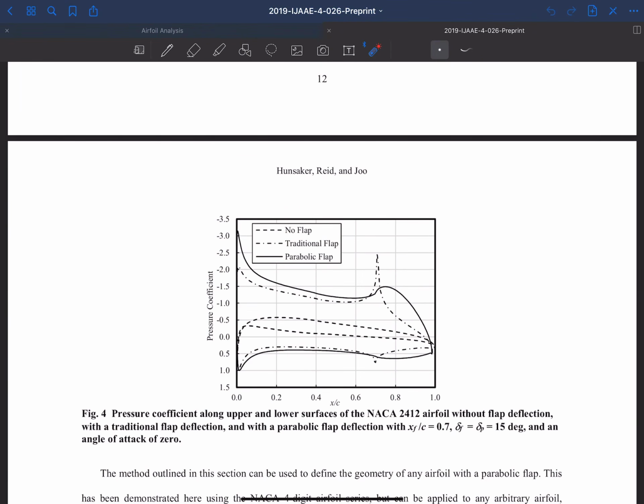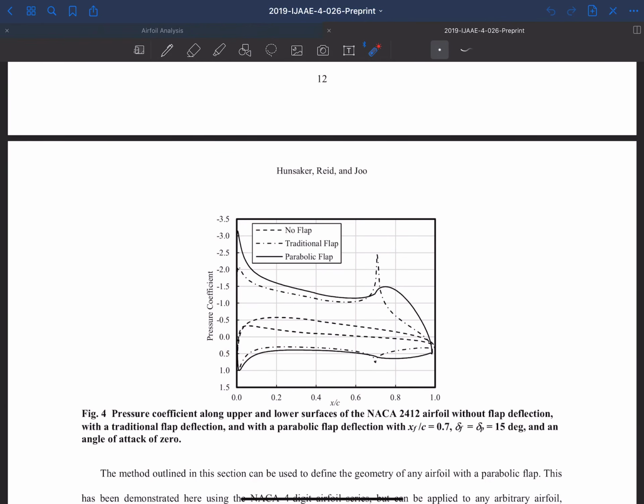Okay, so this is a plot of what the pressure looks like from a panel code on the two different geometries. Remember, when we plot pressure, we flip the y-axis, and that's just convention so that the upper lines correspond to the upper surface of the airfoil. That's where we have our low, negative pressures, and then the bottom of this plot shows the pressure on the lower surface of the airfoil, which is generally our positive pressure area.